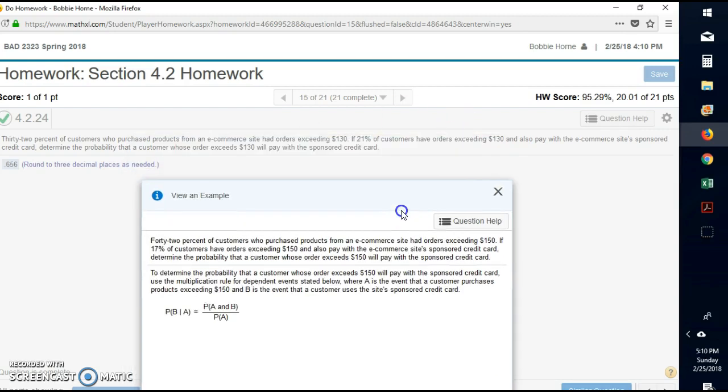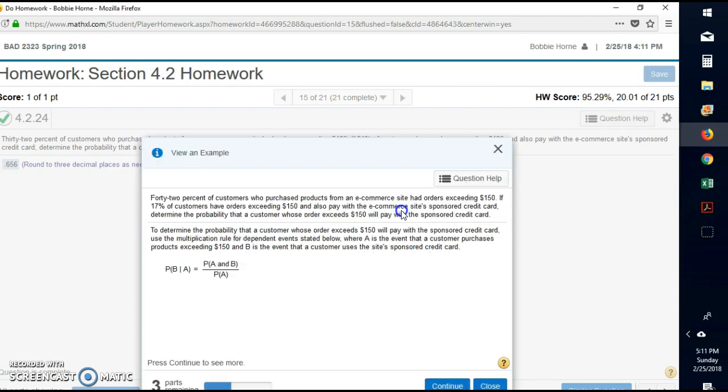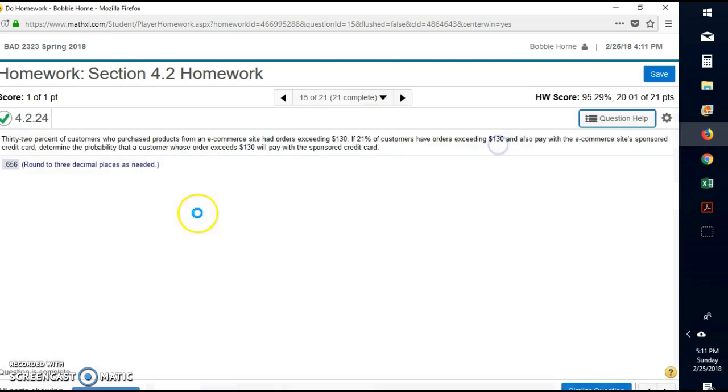So basically, the probability of both of them occurring is 0.21, and the probability of just the order being over $130 is 0.32. So if you divide 0.21 by 0.32 in your calculator, you get 0.656. And that is how we got that answer.